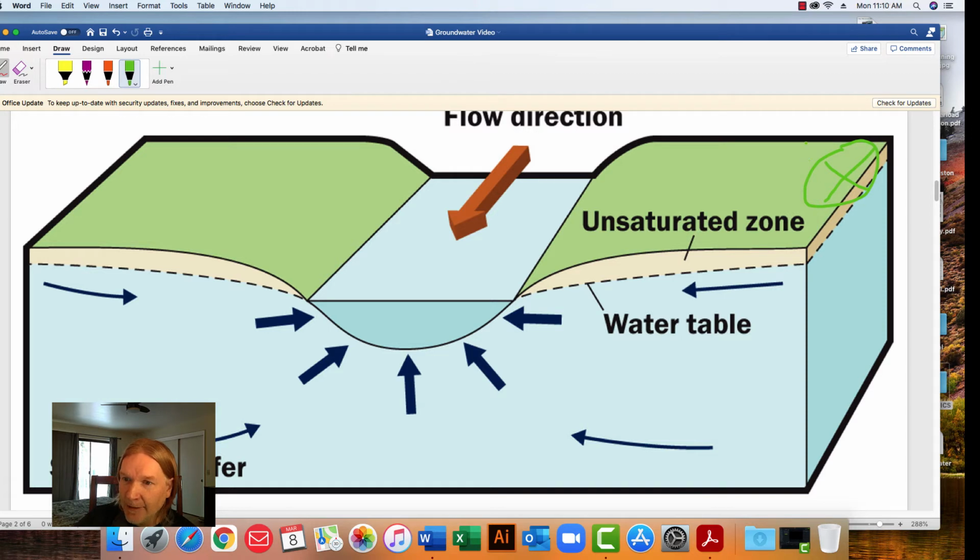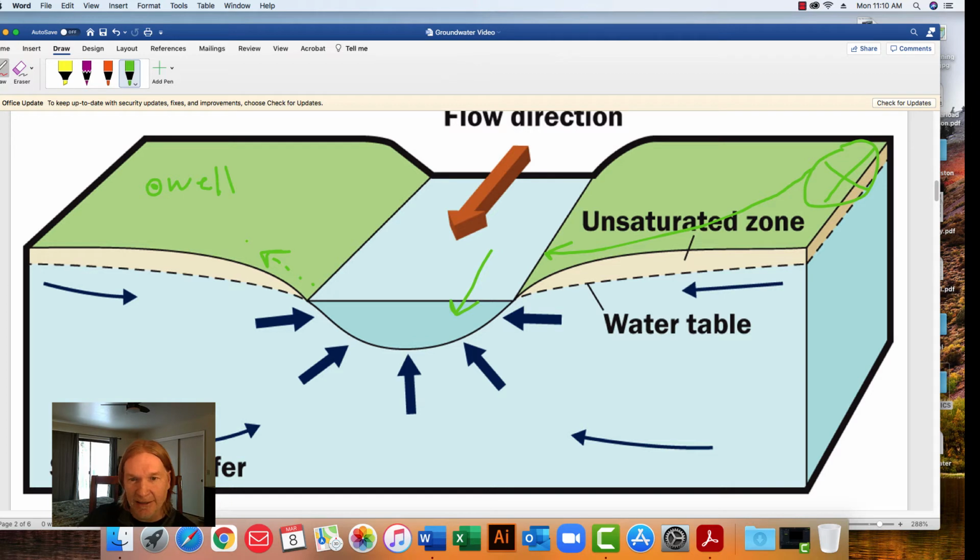What's going to happen is this is going to flow into the gaining stream like this. And then once it's in the stream, it's just going to come straight down this way. What it can't do is come up and defy the law of gravity and come up and contaminate a well on this side. So this well over here would be safe.